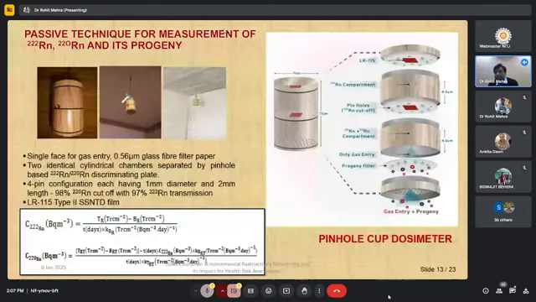So it is best to have maximum ventilation in the environment, and a choice of building materials which give you lesser exposure as compared to other building materials like granite. If you use granite, it is naturally radioactive in nature, so it will give you more exposure. But if you use sandstone instead of granite, it will give you lesser exposure. So choice of building material is also very important.